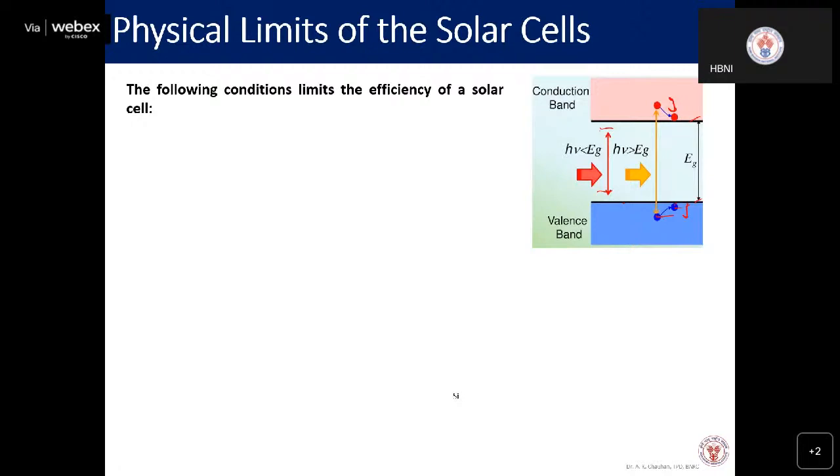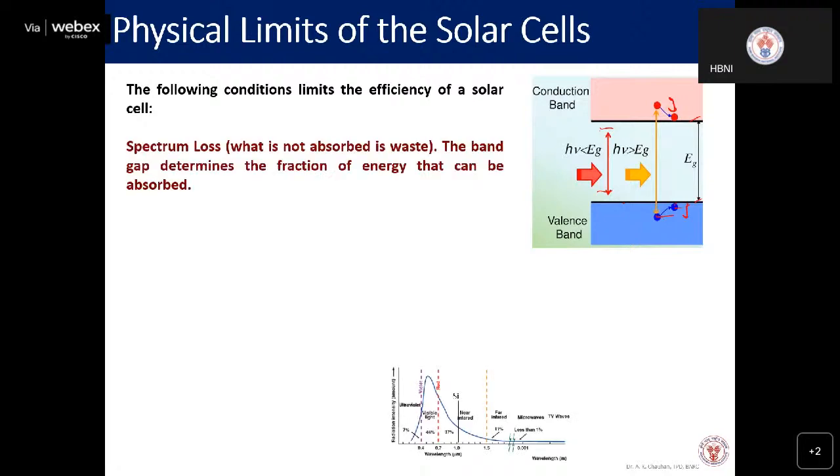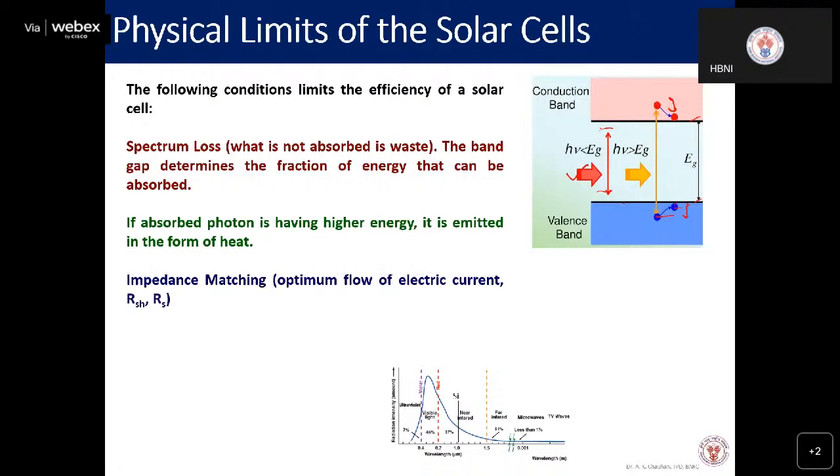They will create only one electron-hole pair, and that energy of 0.4 electron volt, which was an excess, will go in the form of heat. So this is also a loss. First is the spectrum loss, which has not been absorbed. It is anyway waste: if the radiation energy is less than the band gap, it will anyway pass through. And next, if it has higher energy, it is emitted in the form of heat, that is also lost.